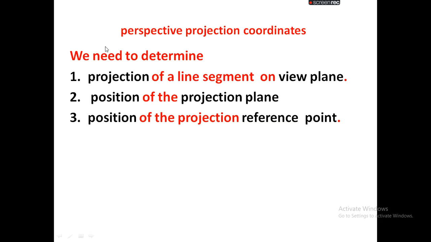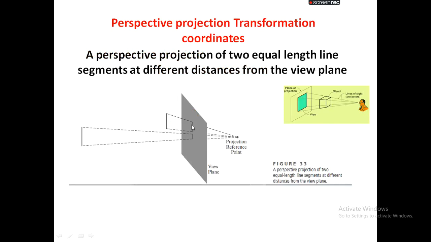When you want to determine the projection of an object on the view plane, we also need to determine the position of the projection plane. Here I kept the projection plane between the object and the projection reference point.